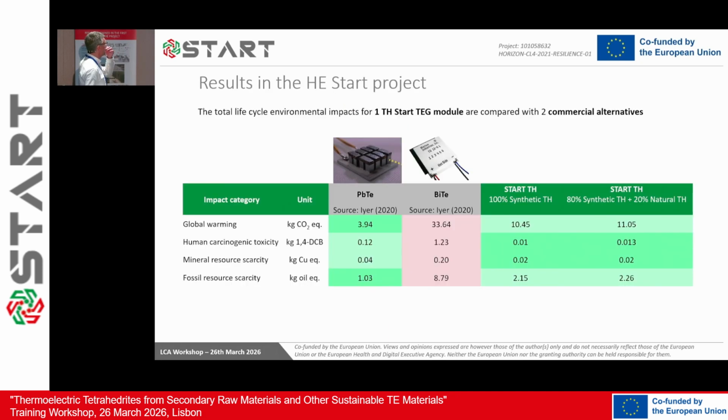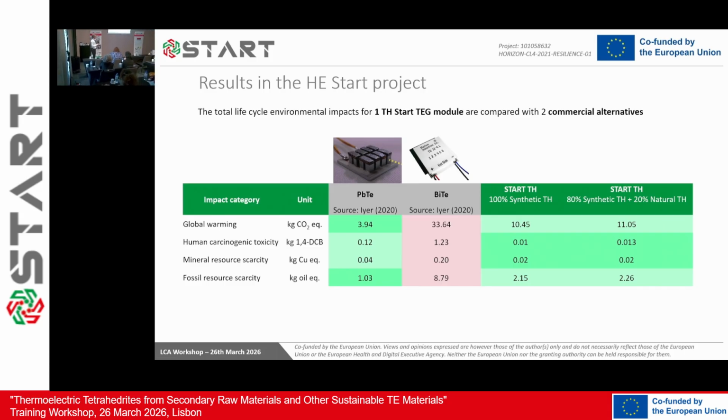And so these are results that we have achieved so far in the characterization of the life cycle assessment for the START project. As referred previously, there are two sort of START project modules.